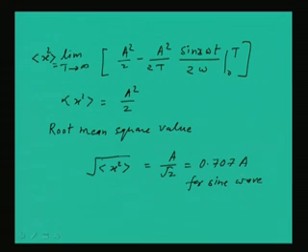Generally mean square value we use because we know that the square of the displacement is related with the power of the system, because any kinetic energy or potential energy is the square of the displacement or velocity. So that's why we use the mean square value.